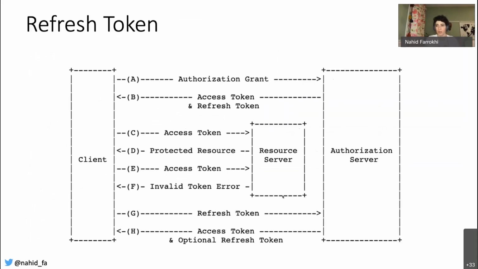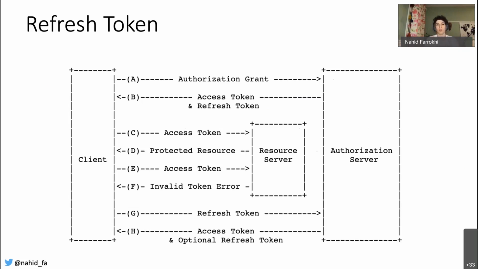So the refresh token is the last thing on OAuth. When you receive an access token and this token is expired, so when you use it you get an invalid token, the refresh token gives you a chance to ask for a new access token, right?